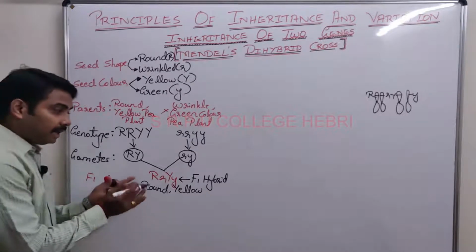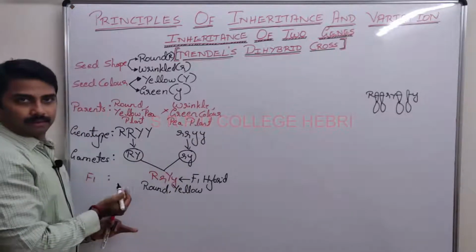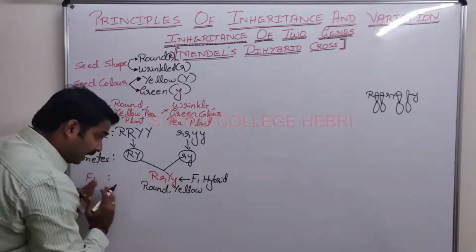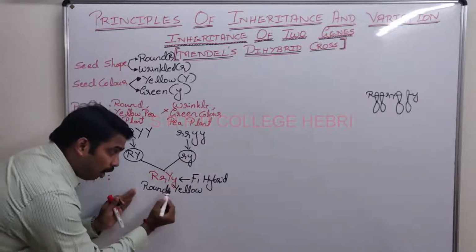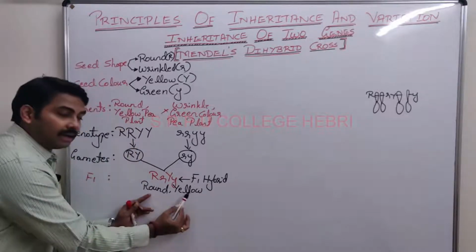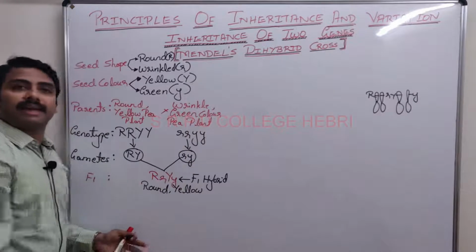Again, Mendel wanted to see what happened to the other parent character. When he crossed these two plants, in the F1 generation he got a baby plant which had only one parental character. What happened to the other parental character?